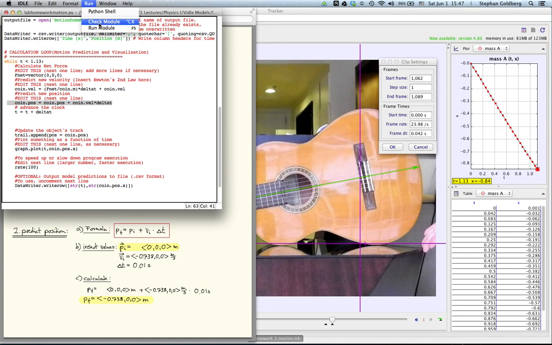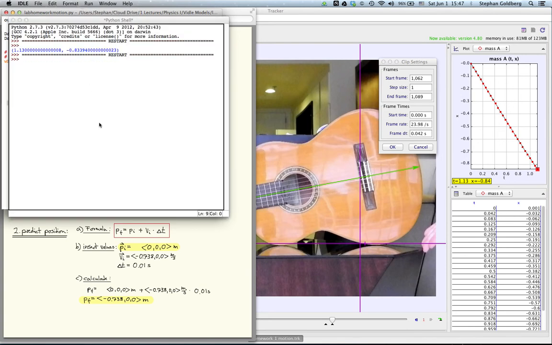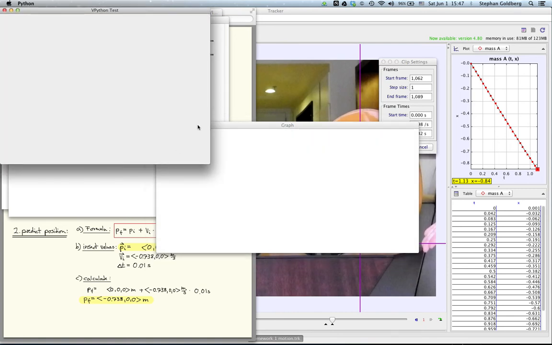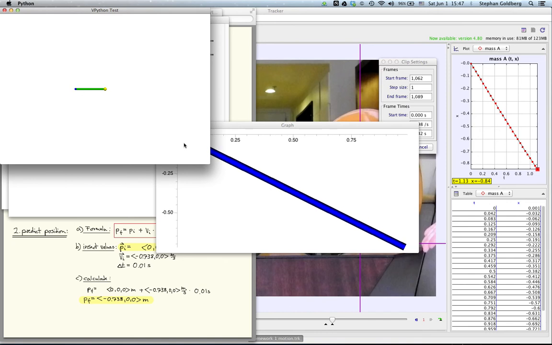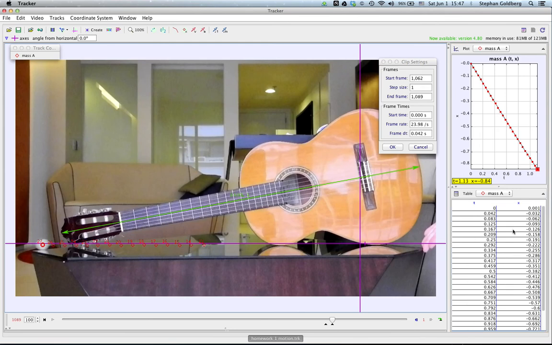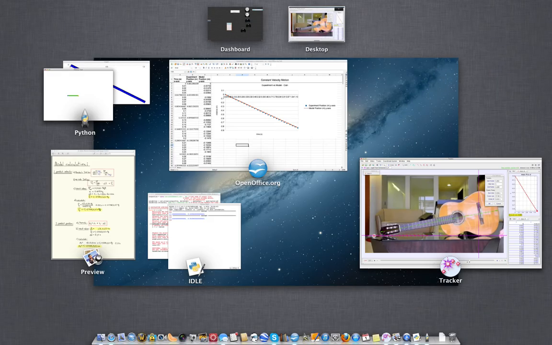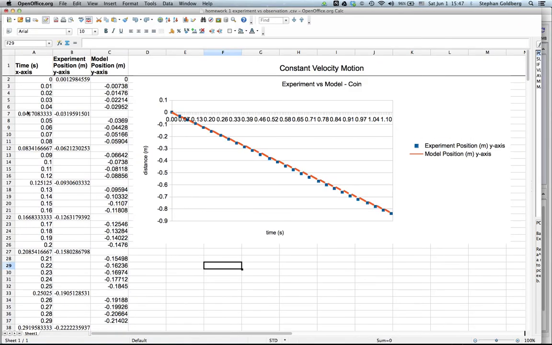We run this program, get a visualization of what the model calculates, and it's a straight line, as it should be, because there are no forces acting on the coin. If we take these time versus position values, extract them and put them in a spreadsheet, and in addition extract the observed time and position values from the actual experiment and put them also in the spreadsheet, we obtain this.